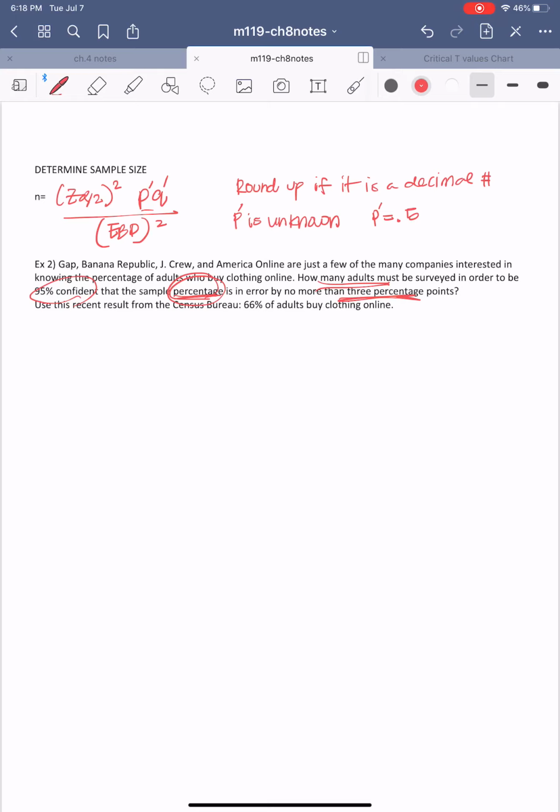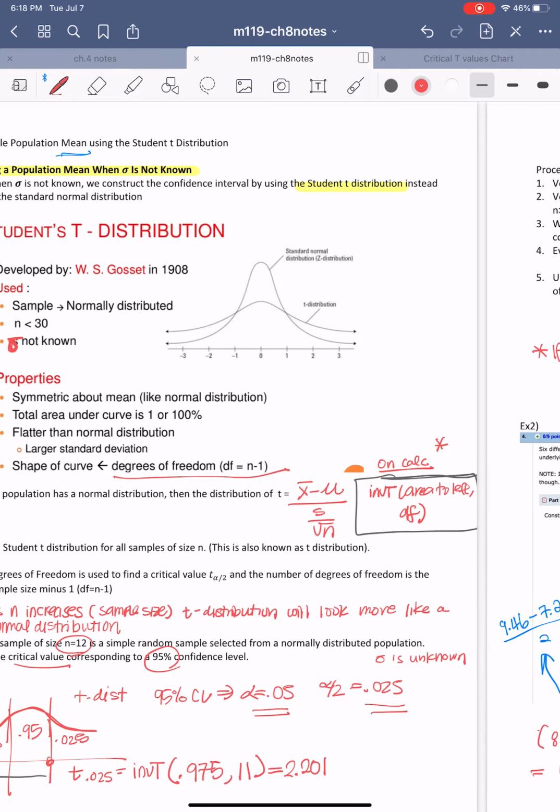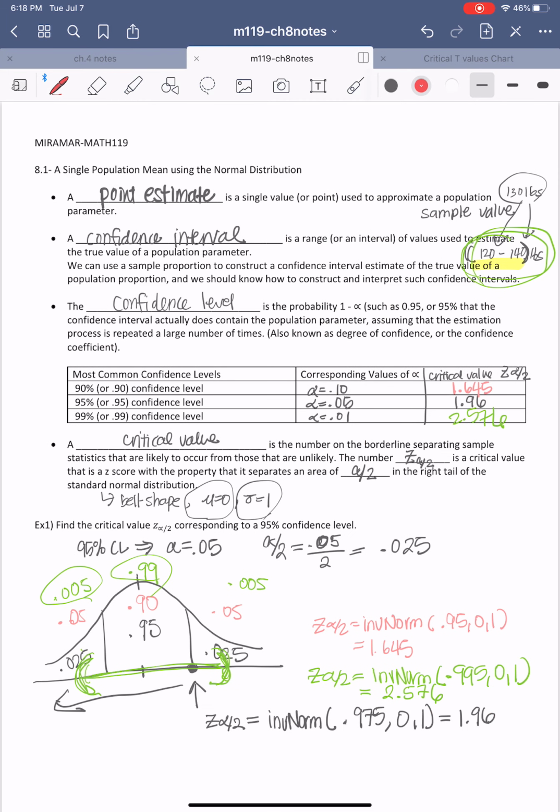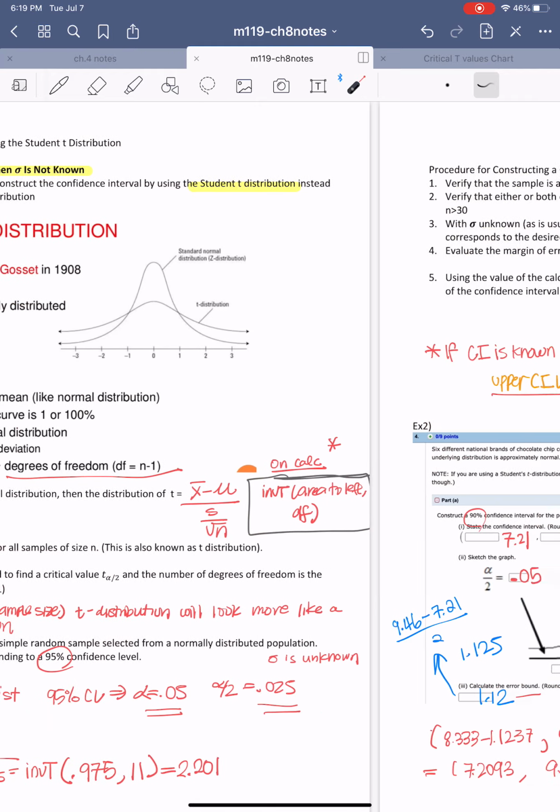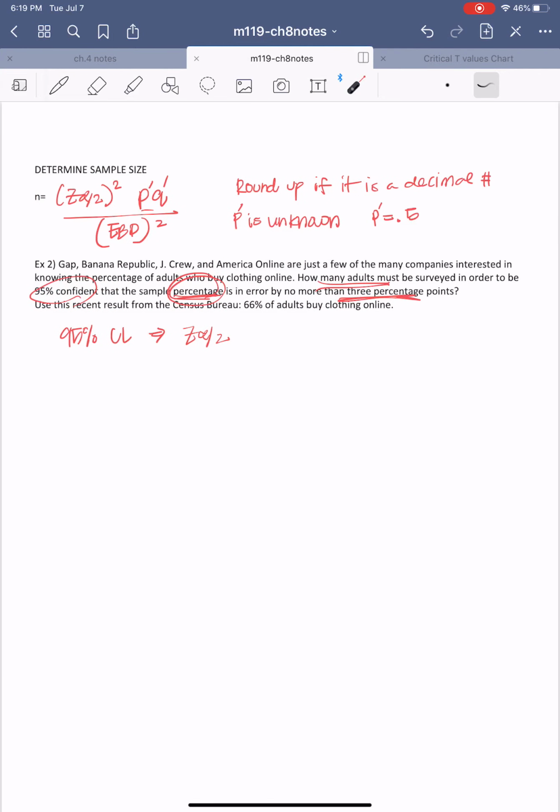So let's do some work. 95% confidence level. Let's calculate our z alpha over 2, which we did at the beginning. For 95%, we have z alpha over 2 equal to 1.96. What else do we have to know?